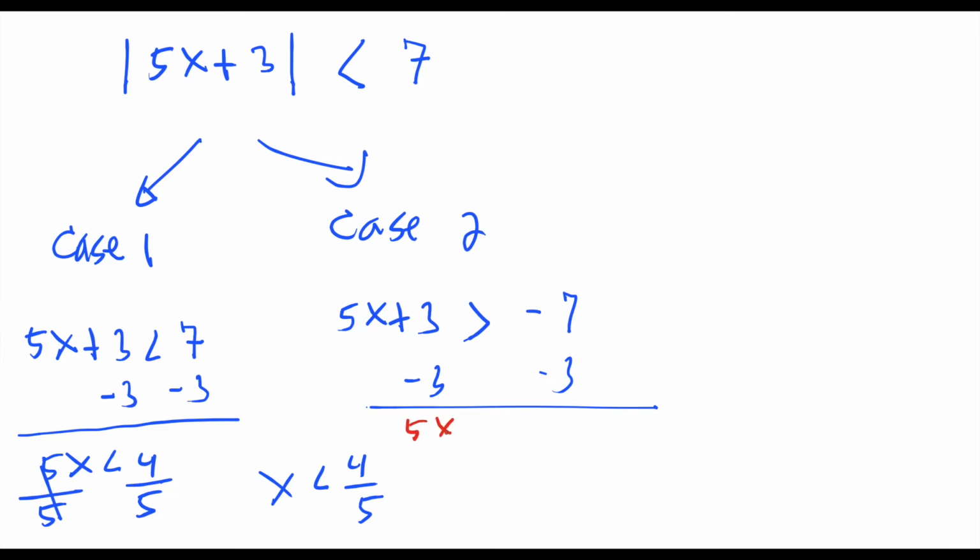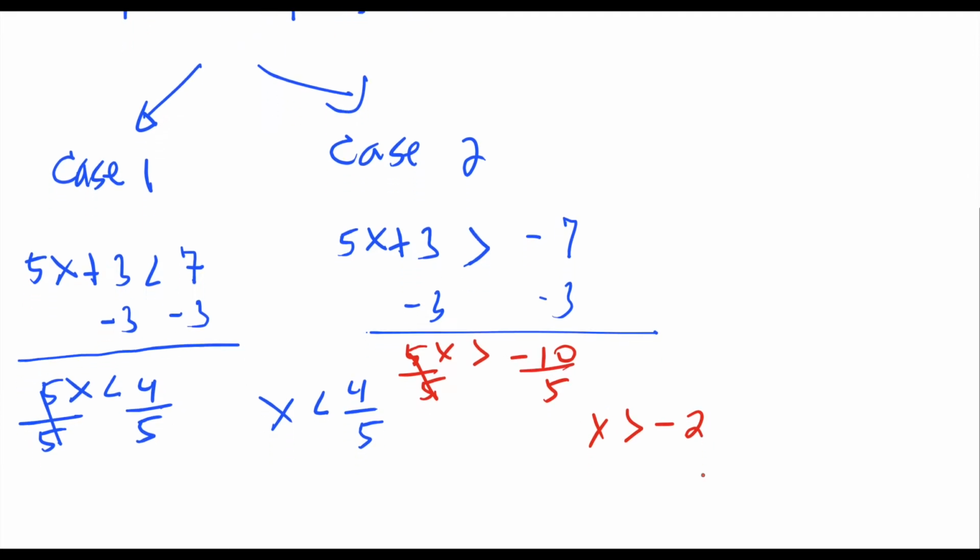So we have 5x is greater than negative 10. Over 5, over 5. And we have x is greater than negative 2. And then we have our two answers: x is less than 4/5 and x is greater than negative 2.